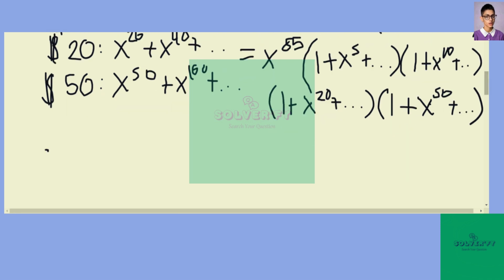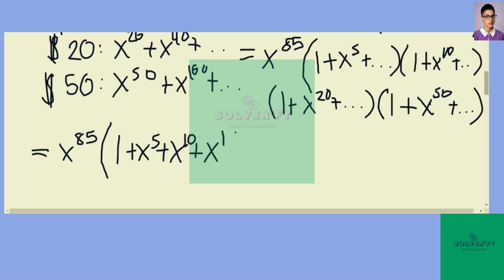And so we can now abbreviate this as x to the 85th times, well, we have that this needs to sum to 100, so 100 minus 85 is 15, divided by 5 is 3, so we can go up from 1 plus x to the 5th plus x to the 10th up to x to the 15th. That's our maximum.